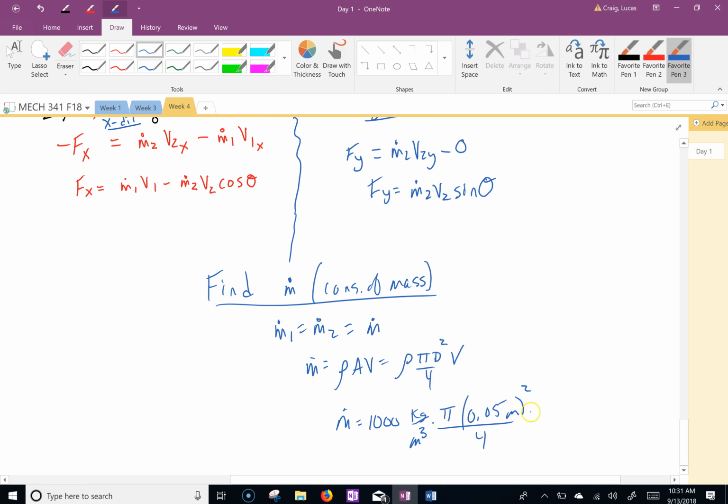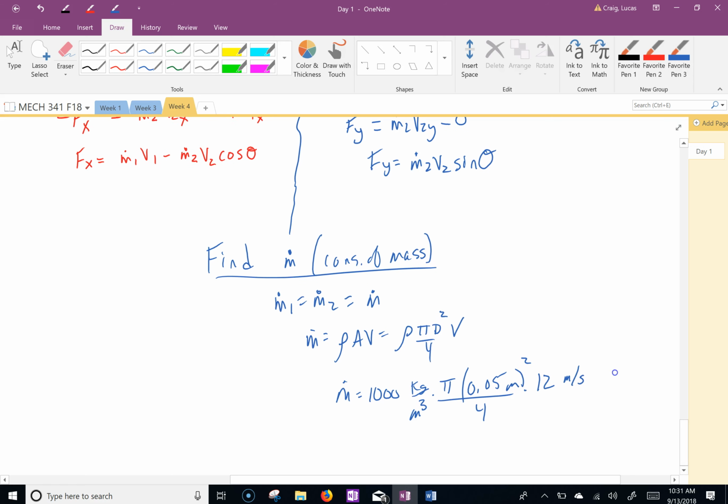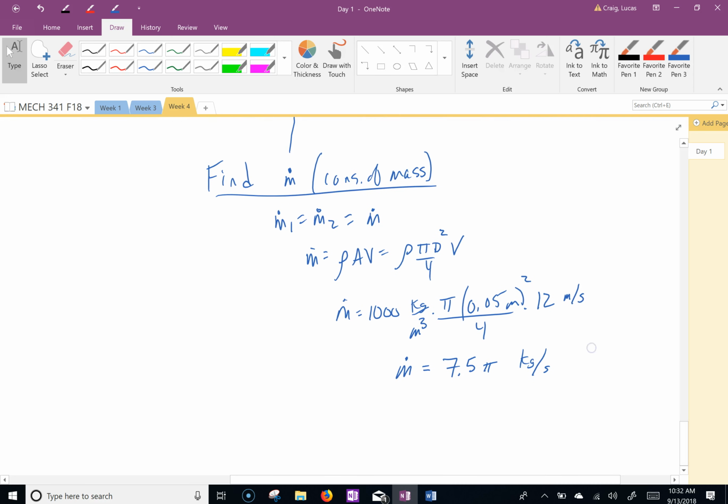Did I give you that? 12, okay. Now, I don't know why, but they left it in terms of pi. I didn't calculate it either. 0.5 times pi. If someone wants to put that in their calculator, you can tell me what it is, but I can't.